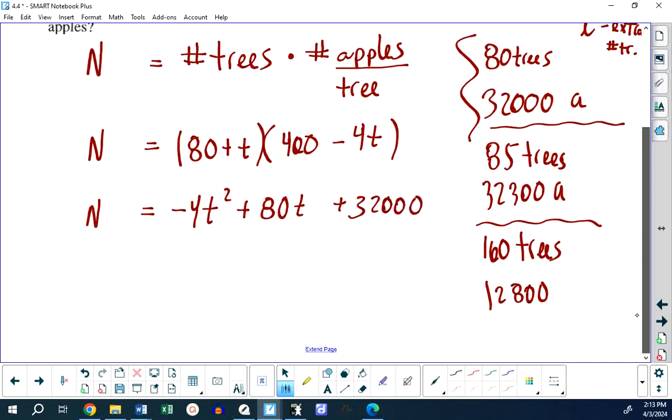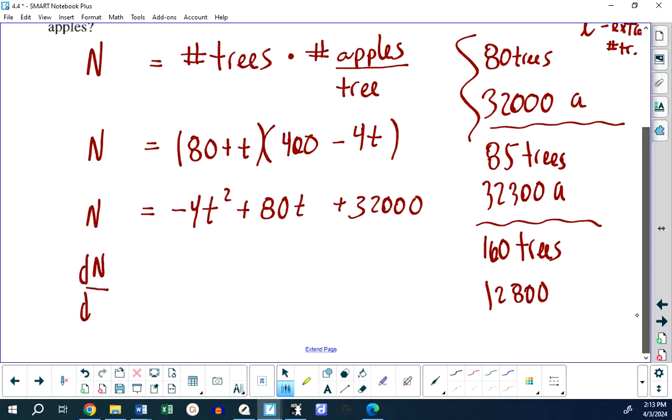Can you check my arithmetic with the numbers there? Not feeling a lot of confidence coming back my way. 400t, negative 320t. Actually, I think it's right. I think that's okay. So now we're ready to move on to the next stage here.